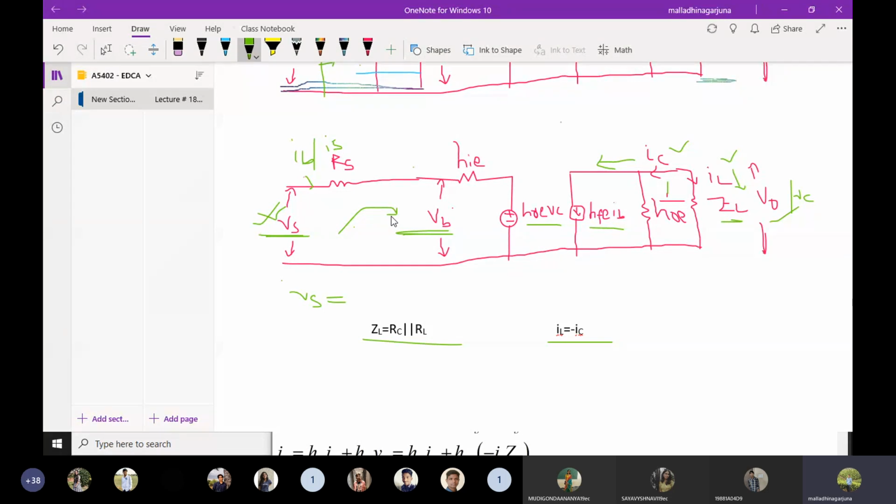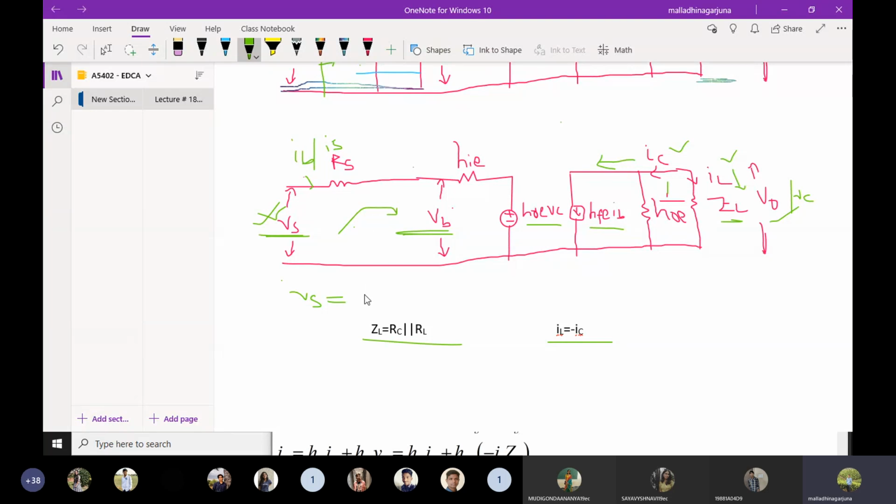But the representation of Vs and Vb will be different. If you are representing with Vb, you are not supposed to take RS. If you are representing with Vs, you have to take RS. The representation of voltage will be different, but the current is the same, because in a series connection the voltages differ and the current is the same.